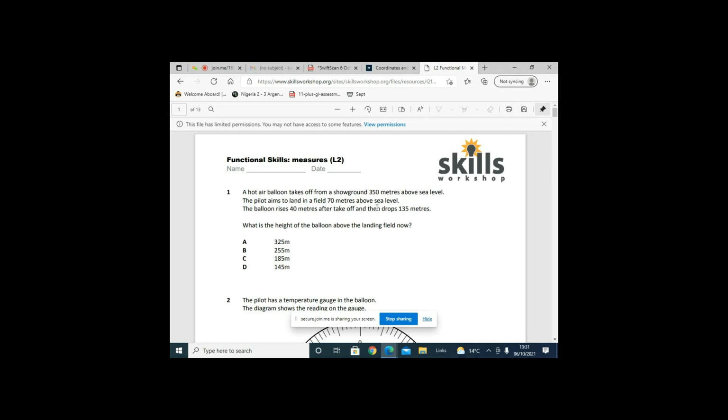I didn't see that part. The pilot aims to land at 70 meters above sea level. What is the height of the balloon above the landing field? Can you see the way? If you want to know how to interpret these questions, you need to know what each sentence means.